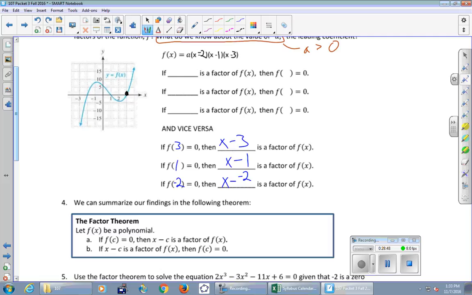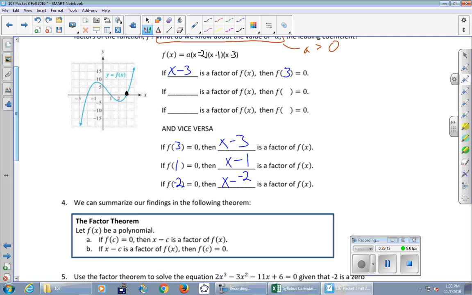Okay, so that's the direction that we just used. Again, you could put x plus 2 if you want. But then the other direction is true as well. If blank is a factor, then f of blank equals 0. Let's start with the x minus 3. If x minus 3 is a factor, then what value of x definitely makes the function 0? It's 3. And it's just the same thing, but going the other direction.